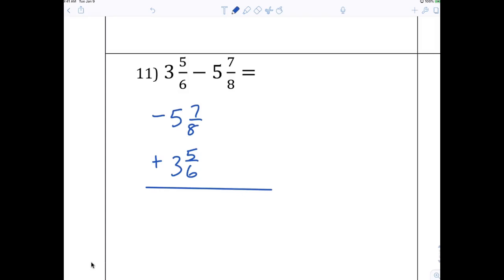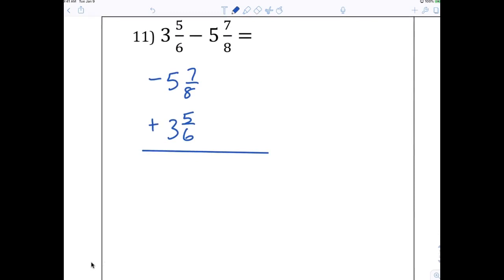Now you say to yourself, I know I'm going to subtract, and I know my answer is going to be negative. So now I need a common denominator, which is 24. So I'm going to write -5 and 21/24 plus 3 and 20/24.